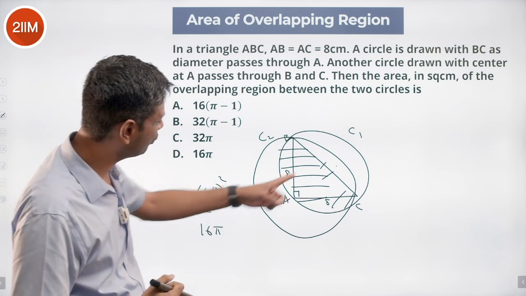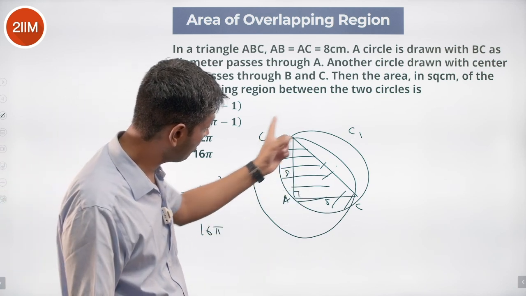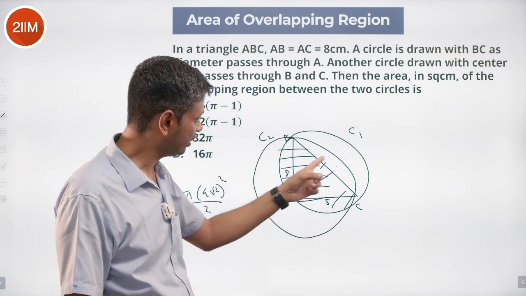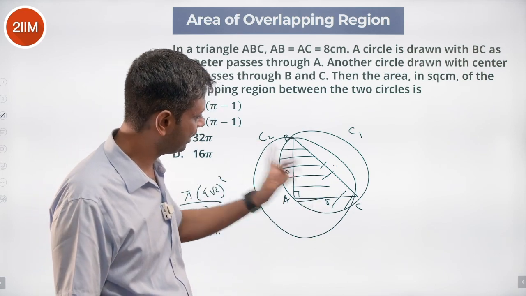Okay. And then we need to find the area of overlap between these two. Now we need to think about, in the bigger circle, C2, what is the area of this segment? The area of sector minus area of triangle.